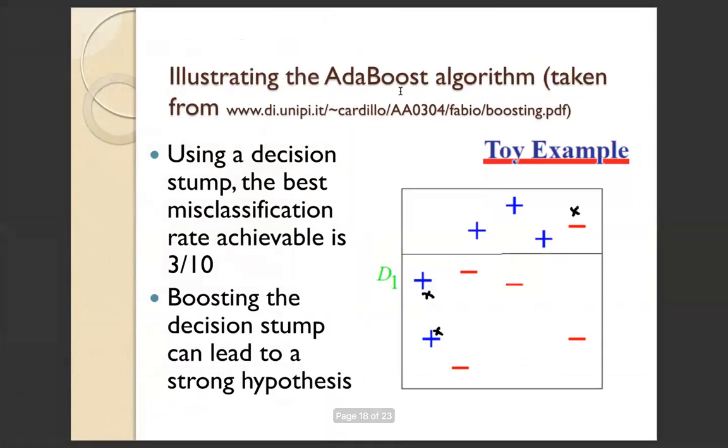So go straight to this algorithm, the AdaBoost algorithm. If you want to see more details, you can check this PDF. Not sure whether it's still there. You can try. This is the PDF I think prepared by Freund and Schapire themselves, right? So this example is taken from there.